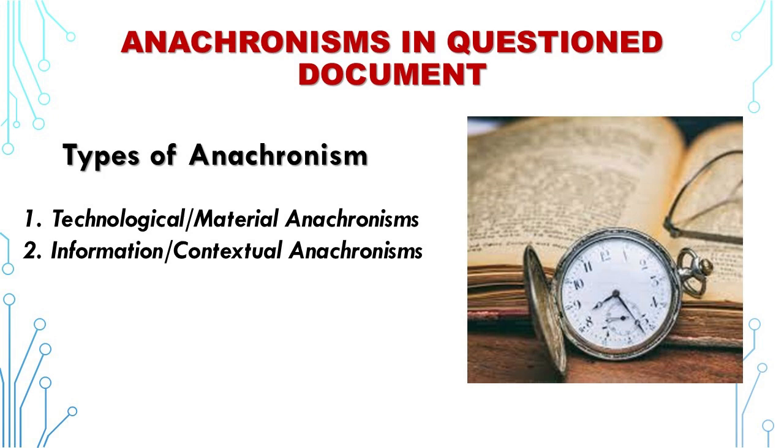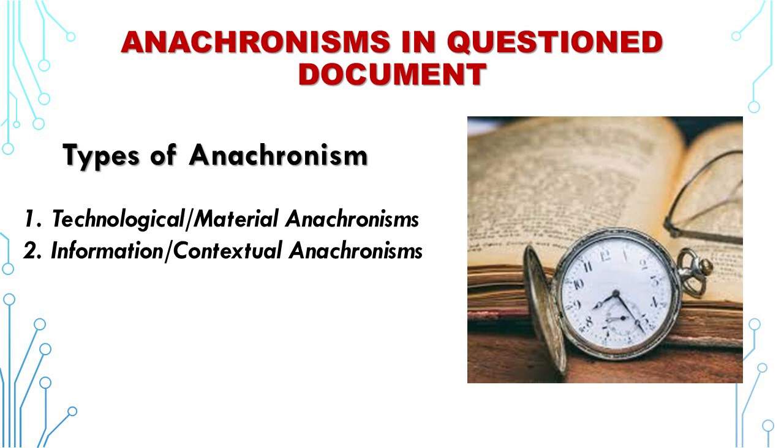In simple terms, it is proof that a document could not have been written on a stated date because it contains technology or information that did not yet exist. So, determining anachronism is one of the most powerful, non-destructive ways to prove a document is fraudulent.